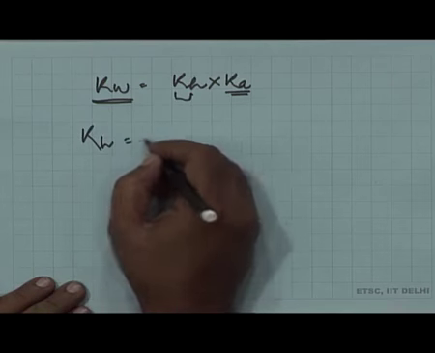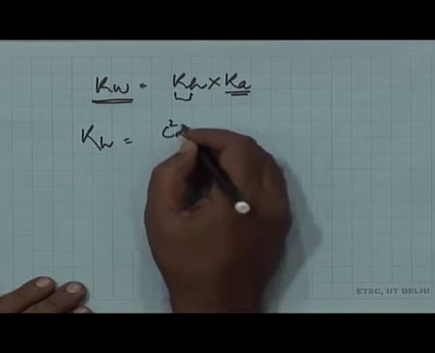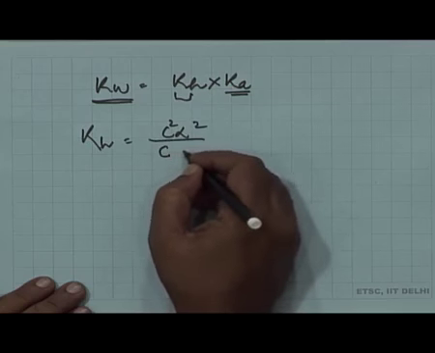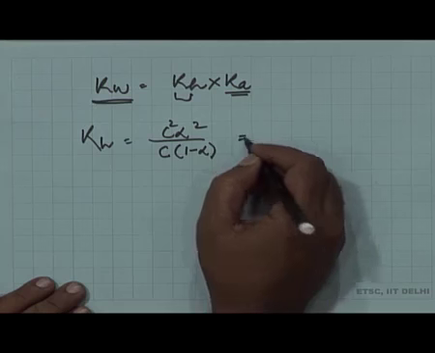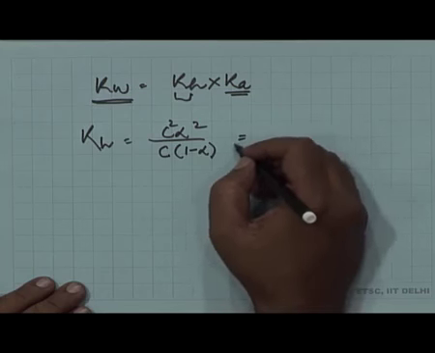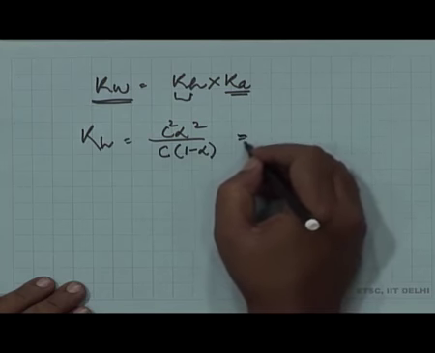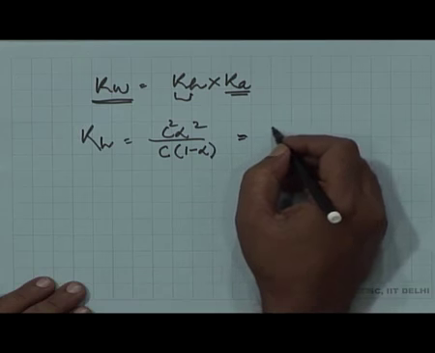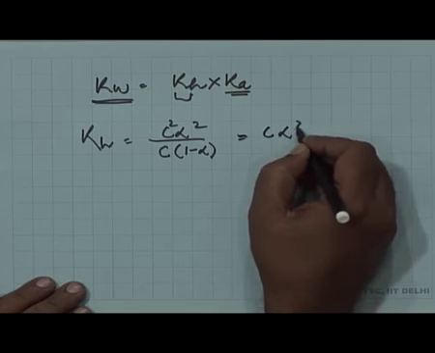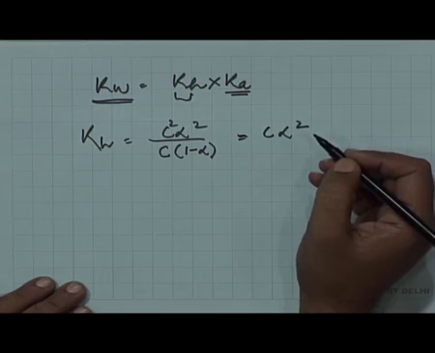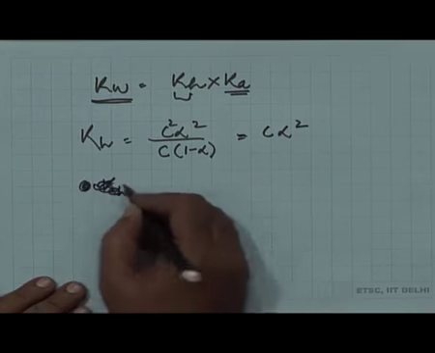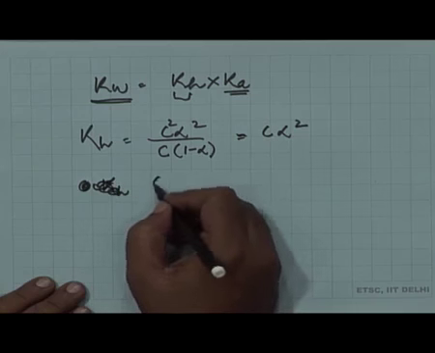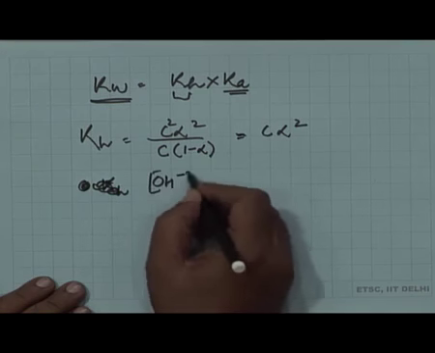So, we know Kw, we know Ka, so we can calculate Kh, and we know that Kh is equal to C square alpha square by C into 1 minus alpha, which, if 1 is quite a lot greater than alpha, we can simply write as C alpha square. And OH minus is equal to C alpha.